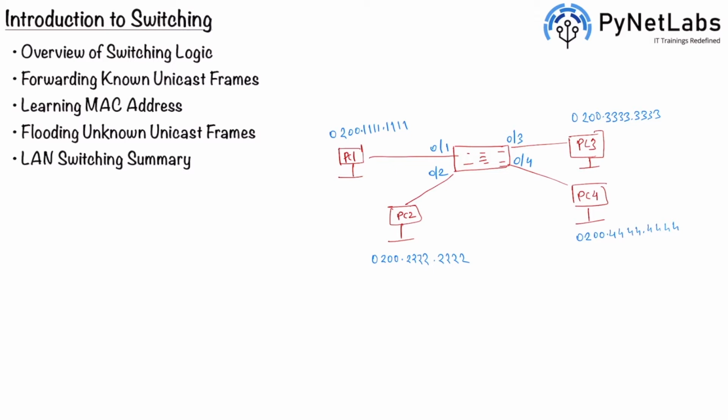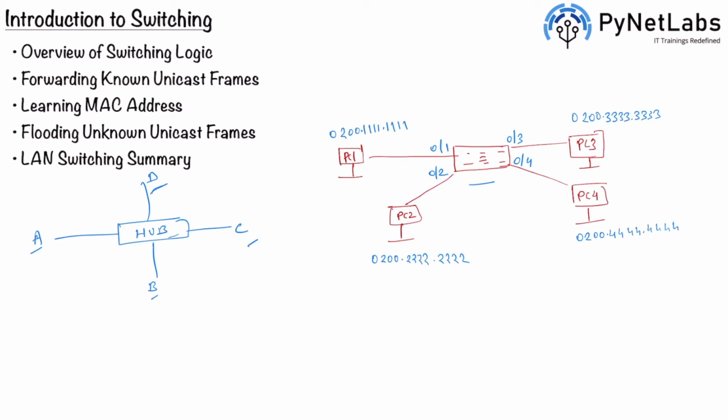Before moving over to the switch, you also need to know that before the switch we had another device working in its place, which was called a hub, correct? And there were certain drawbacks when we used to have hubs in our network. So consider you have A, B, C and D as the devices connected with a hub.